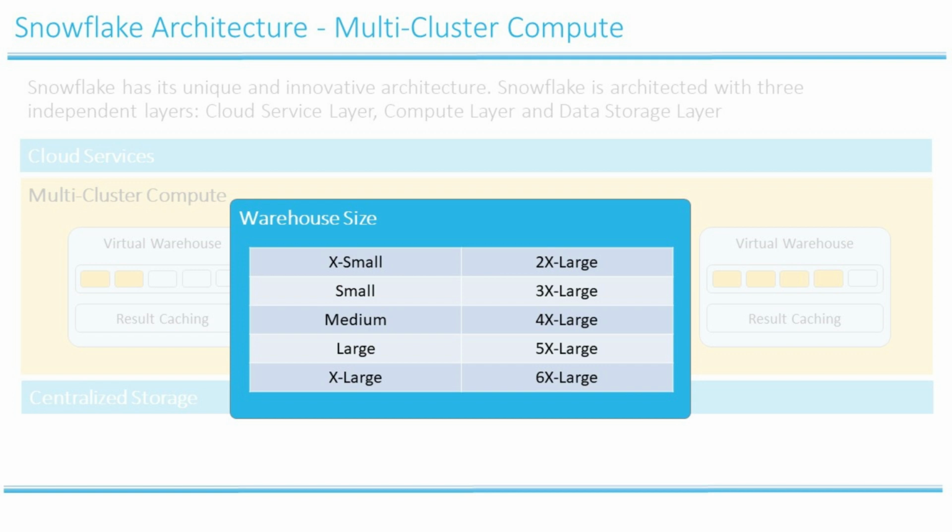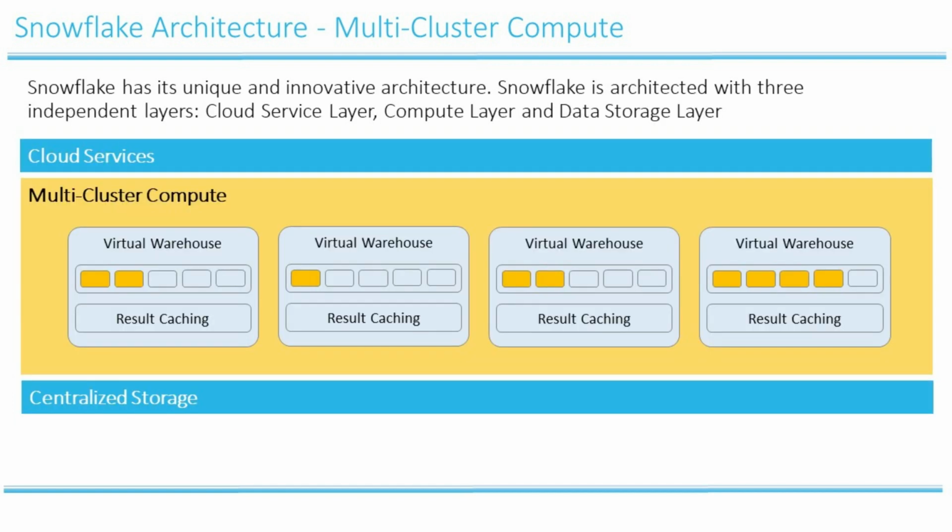Small, medium, large: these sizes offer progressively more CPU and memory resources, allowing for handling more complex and resource-intensive queries. X-large, 2X-large, 3X-large: these are larger sizes designed for heavy workloads, large datasets, and high concurrency. They provide substantial computational power for complex analytical processing.